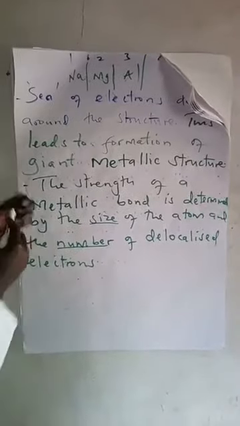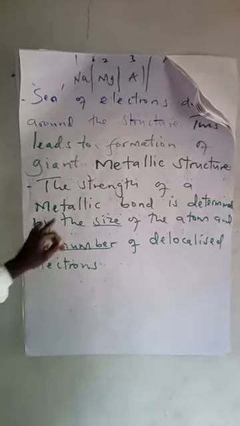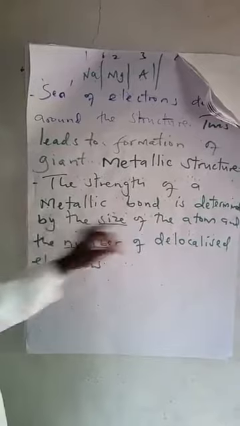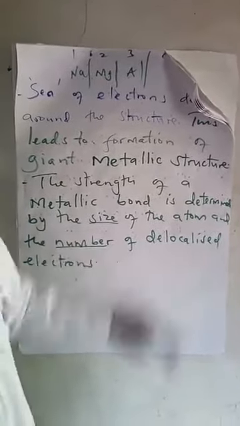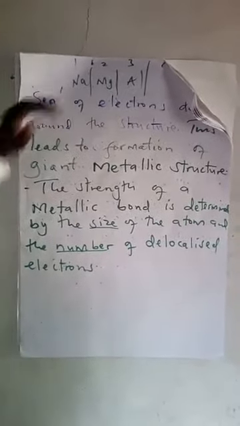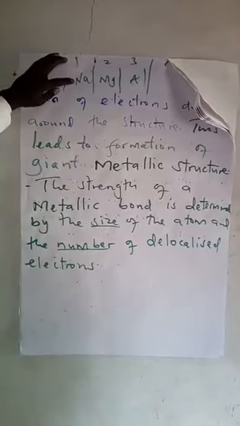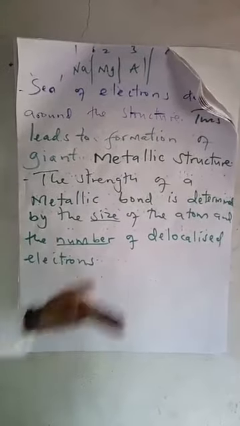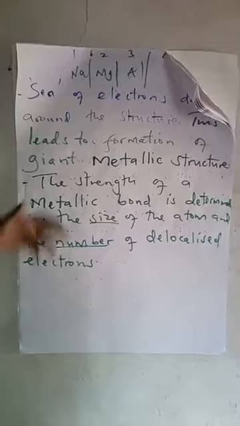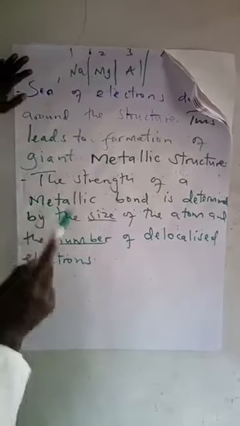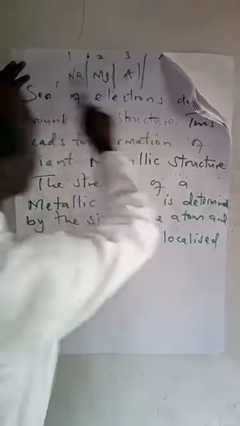So in short, we are saying here that the strength of a metallic bond is determined by the size of the atom. When we were discussing the periodic table, we said that the atomic radius decreases across the period.